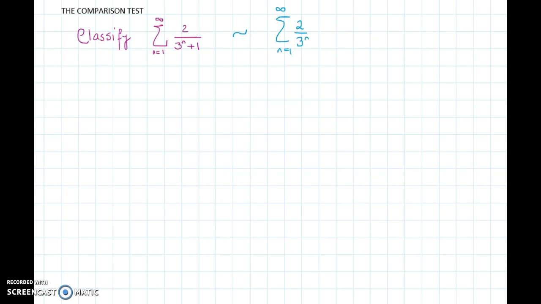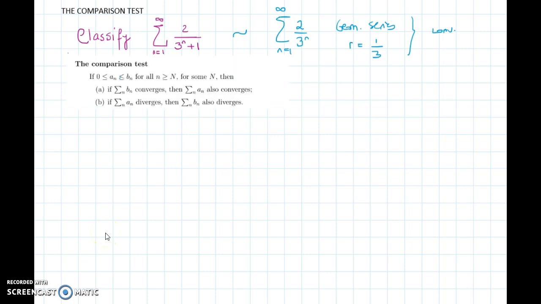But the second one I wrote over here is actually a geometric series, and the ratio is 1 over 3. So it's convergent. So we would like to see how we can use the convergence of this series I wrote with blue to actually classify as convergent the original series.